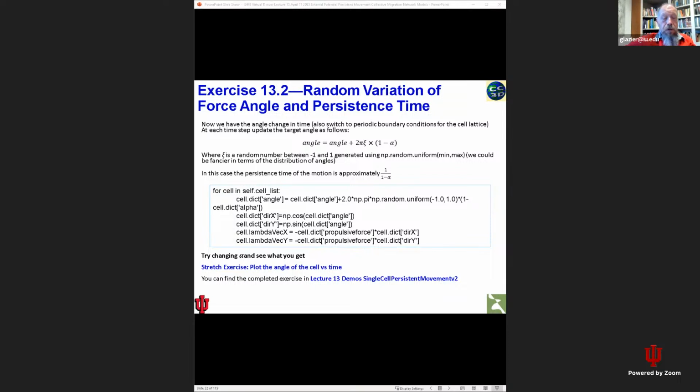It worked correctly when I ran it earlier today. It may not like the Zoom share. If people are stuck, there's the code online in that single cell persistent movement group too.